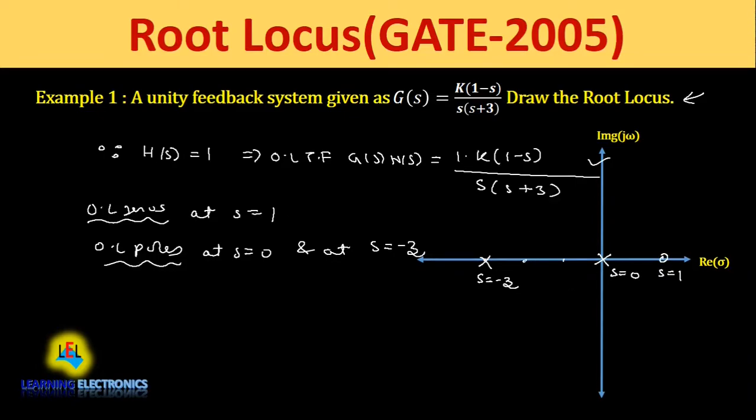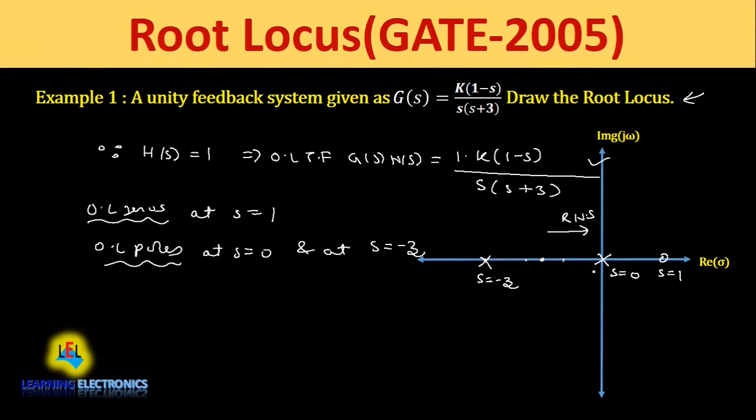Now we have to check for the section of the real axis in which the root locus exists. If we place a point between the two poles at s = 0 and s = -3, then by applying rule number 3, only one pole is to the right of this point.